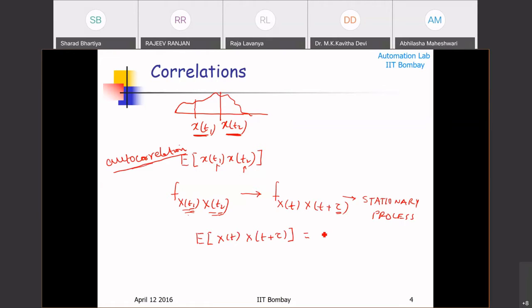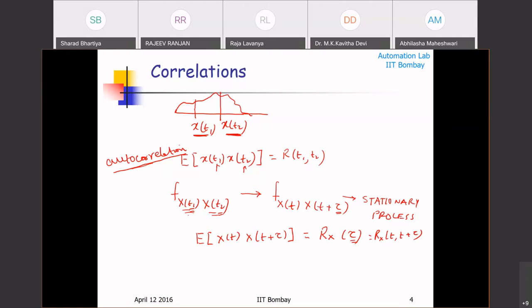This is almost universally denoted R, the term used for autocorrelation. Originally, when I was not sure, I would have written this as T1, so this becomes Rx of T comma T plus tau. But since it is only a function of how far away you are, it becomes Rx of tau. This has a strong bearing on our ability to understand autocorrelations.